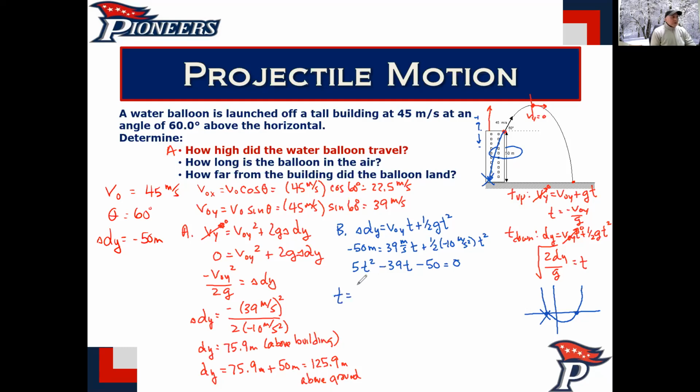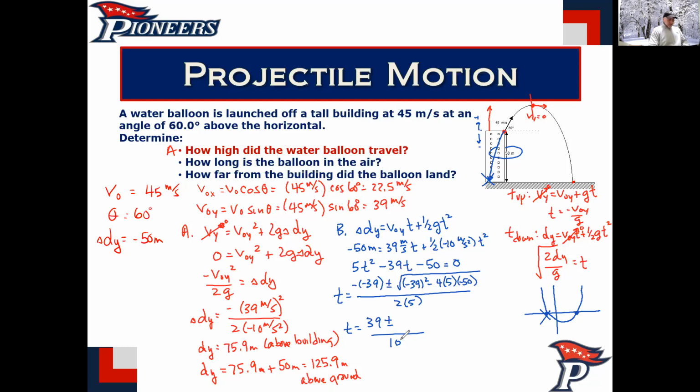But we know the quadratic formula works. So negative b, that means negative negative 39, plus or minus the square root of b squared minus 4ac, all divided by 2a. So there's 39 plus or minus. We know we're dividing by 10, which is always nice. And so you just have to do the discriminant part. That's 39 squared, and it's 2 negatives, so it's plus 4 times 5 times 50.